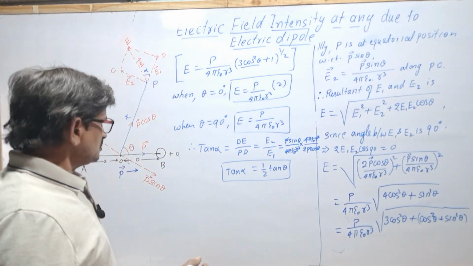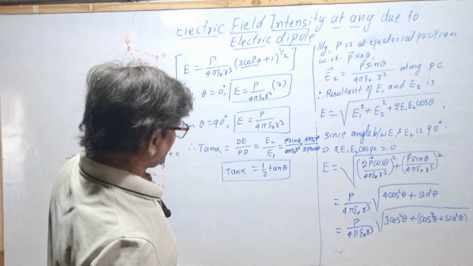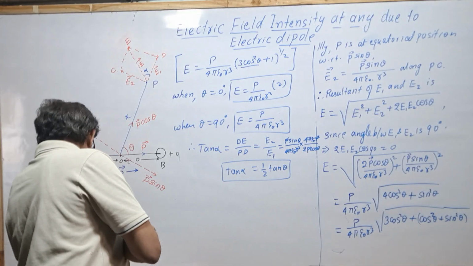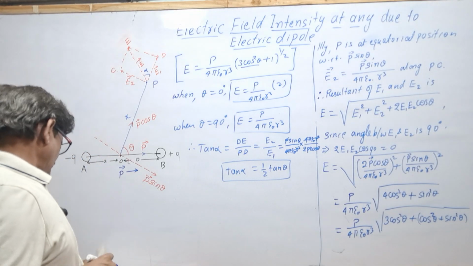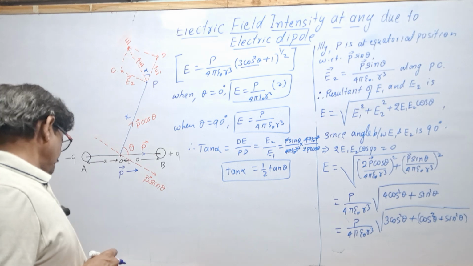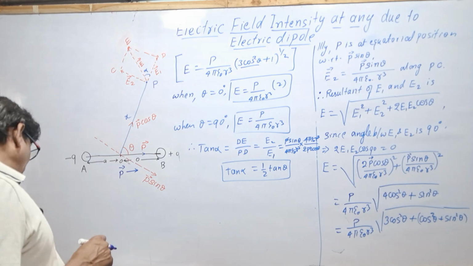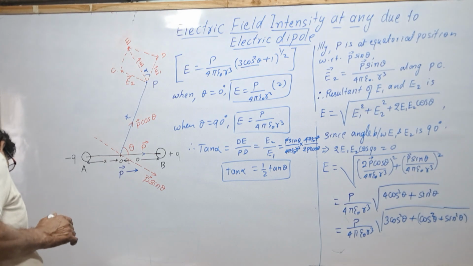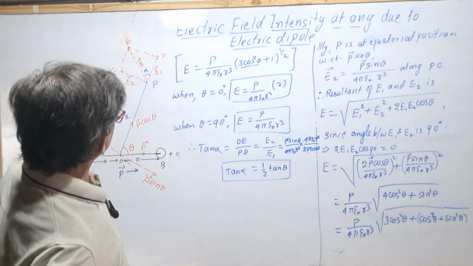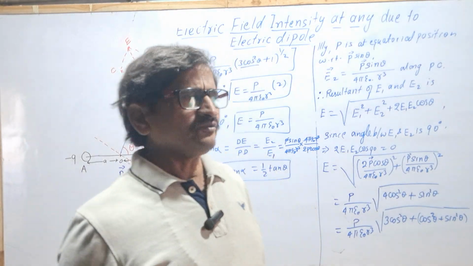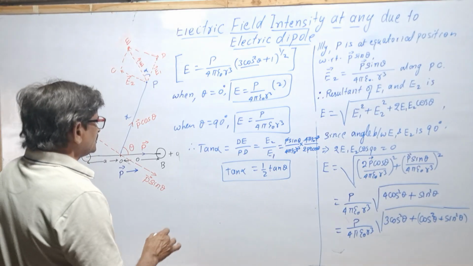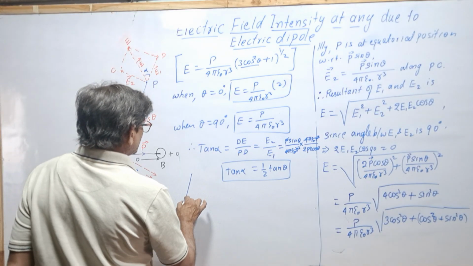Now, finally, we can conclude about the electric field pattern. Whenever we draw the geometrical figure for the electric field of the dipole, we get a cylindrical form.